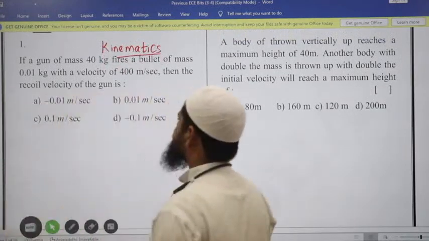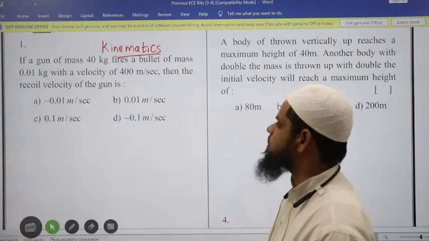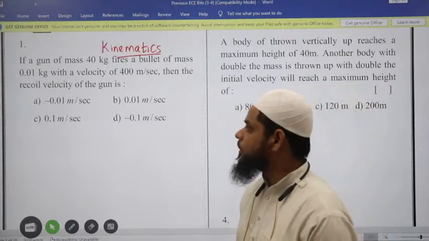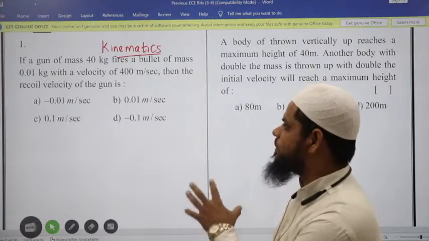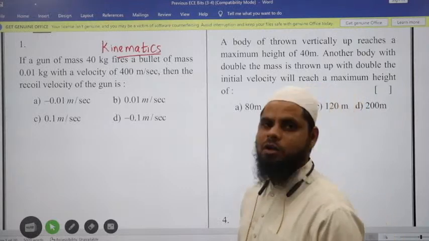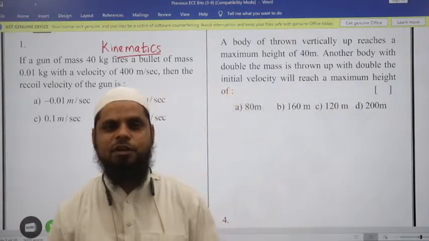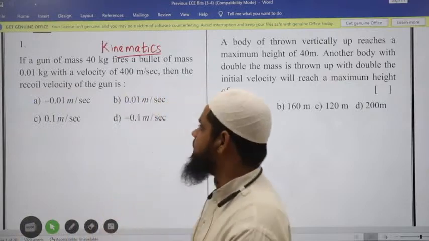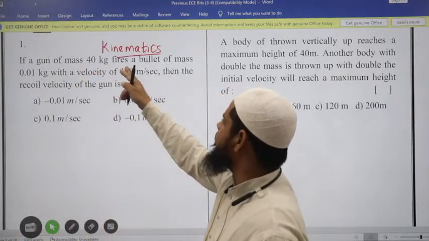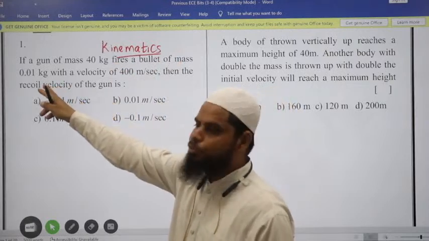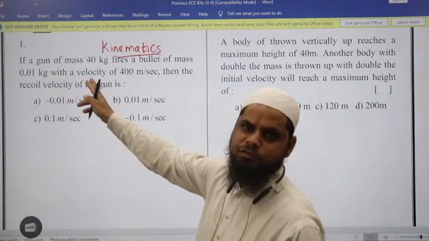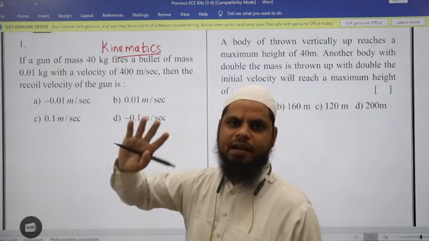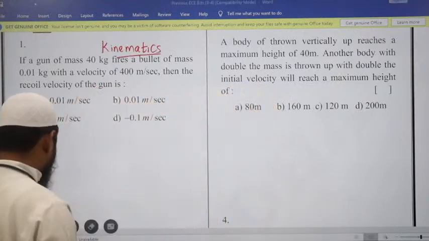If a gun of mass 40 kg fires a bullet of mass 0.01 kg with a velocity of 400 meter per second, then what is the recoil velocity of the gun? That's what he is asking. So this is the concept of the law of conservation of momentum. He has given the mass of the gun, the mass of the bullet and the velocity of the bullet. What do you need? The recoil velocity of the gun. It means he needs the velocity of the gun.